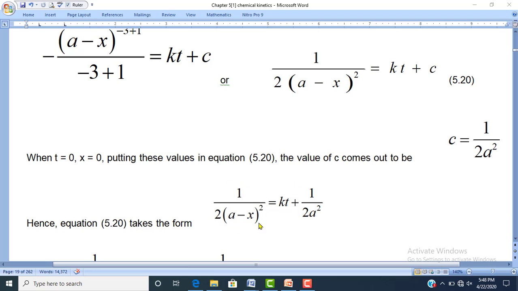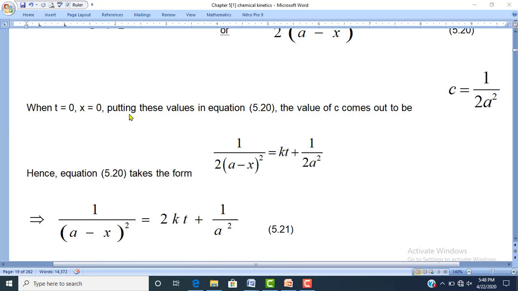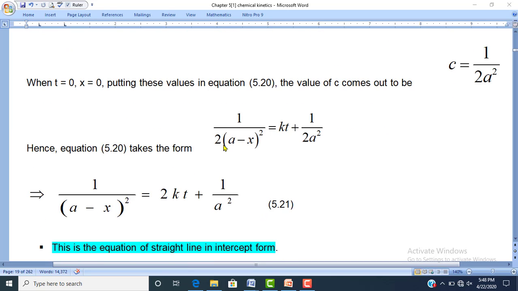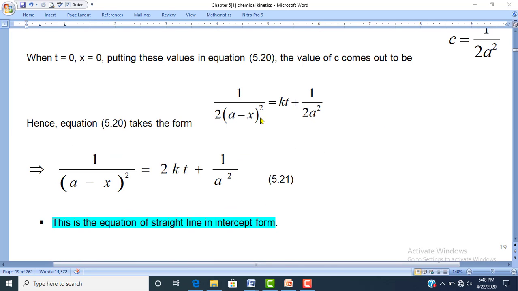But the difference is that here the value of c is 1 over 2a square. So when we put the value of c, 1 over 2a square, into equation 5.20, we get the equation 1 over 2(a minus x) square is equal to kt plus 1 over 2a square.